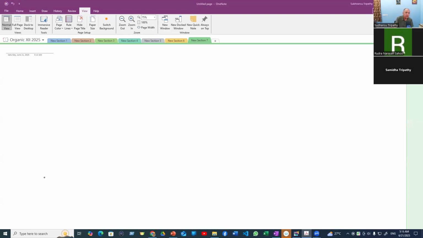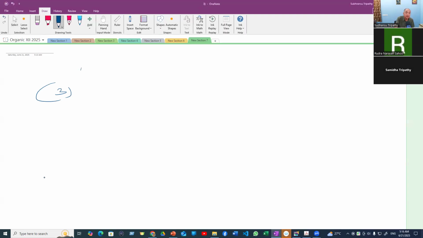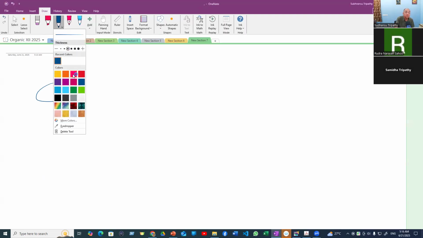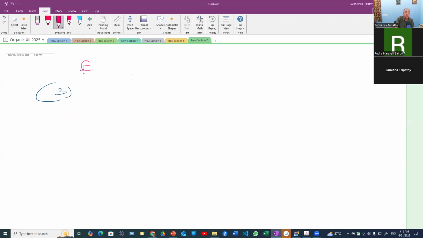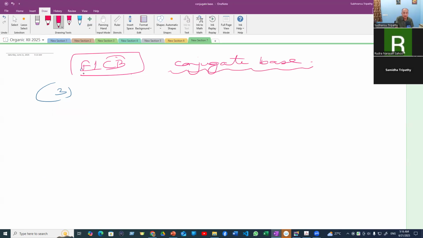Now comes E1CB. Elimination continues. This CB stands for conjugate base. And 1 stands for first order.